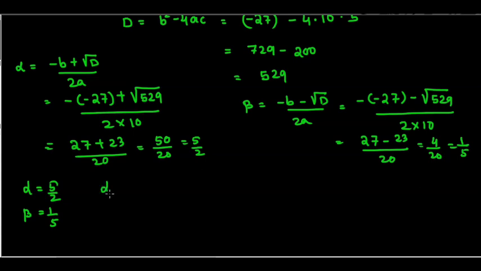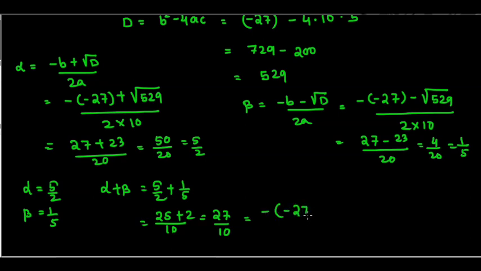So I had told you that alpha plus beta will be equal to minus b by a. Let us prove it. So alpha equal to 5 by 2 plus beta is 1 by 5. Now you can take LCM 10. So 10 by 2 is 5, 5 into 5 will be 25, plus 10 by 5 will be 2, 2 into 1 is 2. That is equal to 27 by 10. And I can write this as minus of minus 27 by 10.